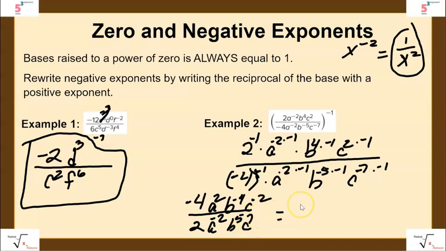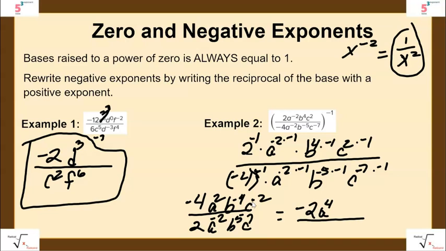And then I can simplify that. Negative 4 divided by 2 gives us a negative 2. A squared divided by a to the second: 2 minus 2 is a to the 4th. B to the negative 4 divided by b to the 5th gives us b to the negative 9th.